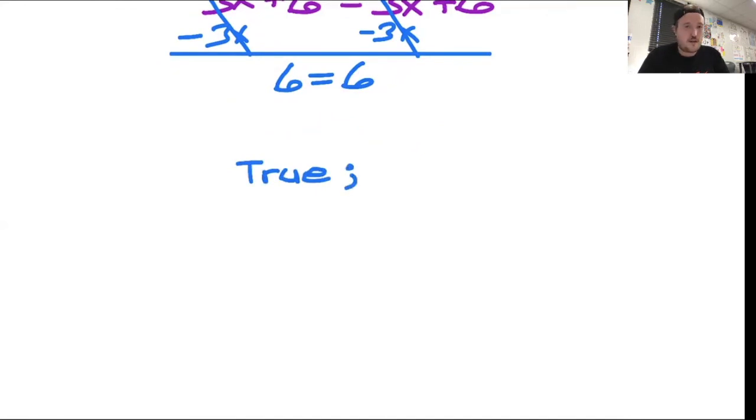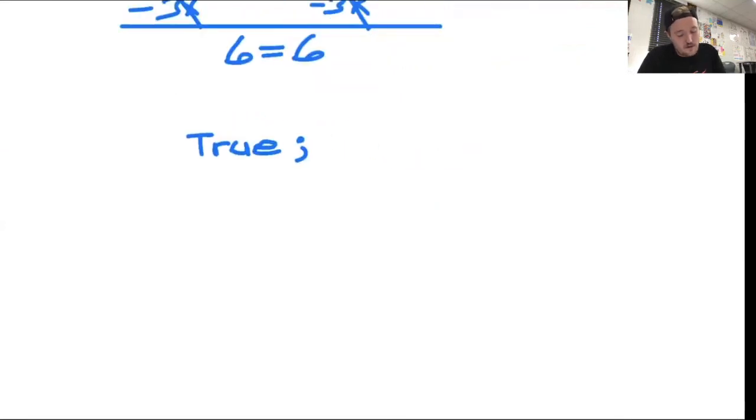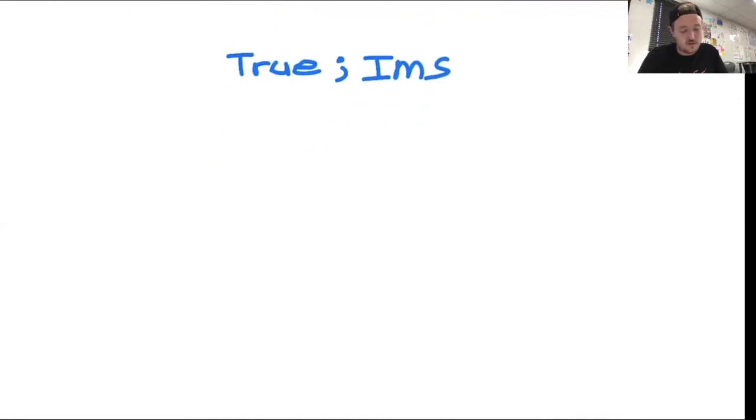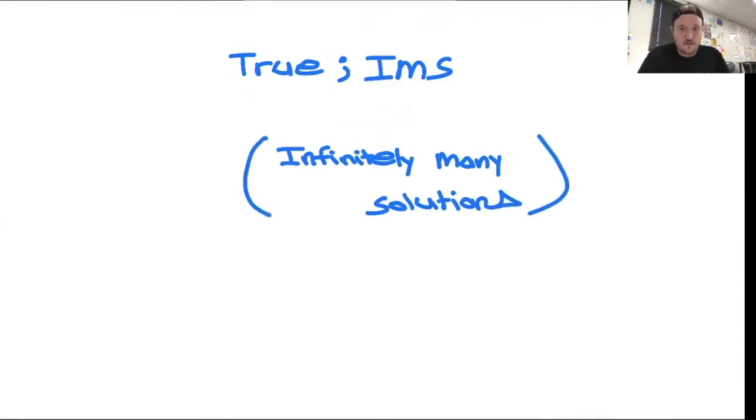And what you could say here, you could say all real numbers, or because I'm a math person and I'm lazy, you could also write what we call IMS. So IMS just means infinitely many solutions. It's all the same.